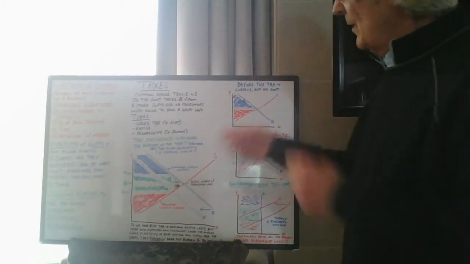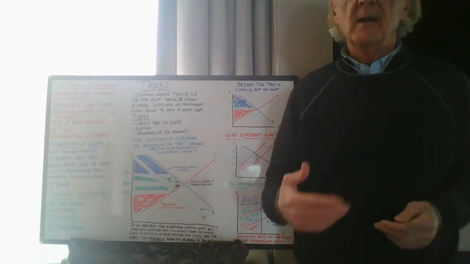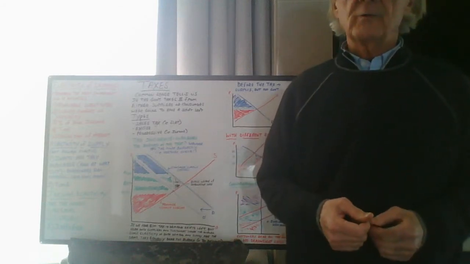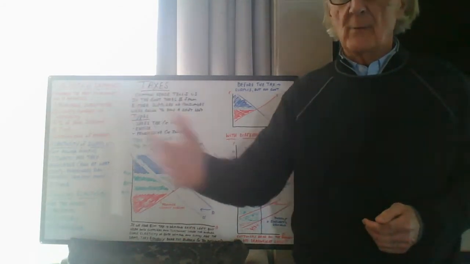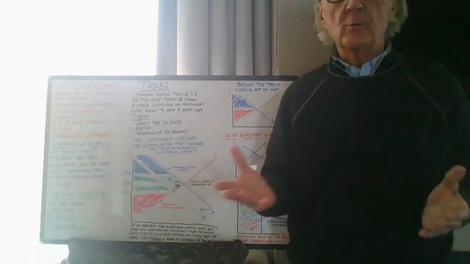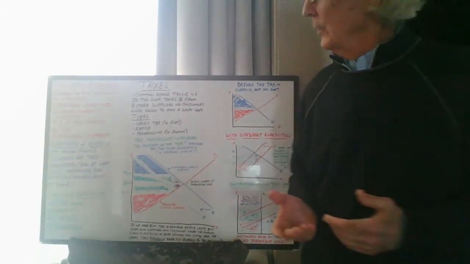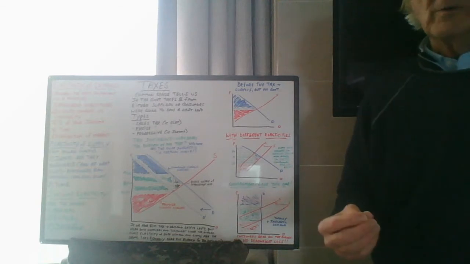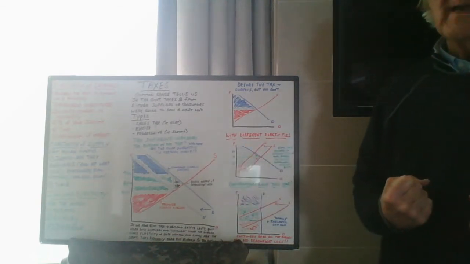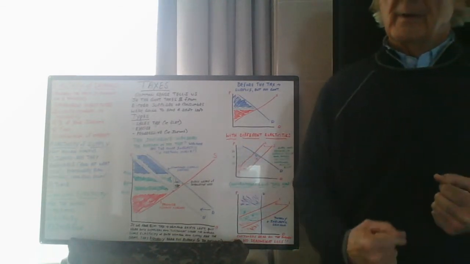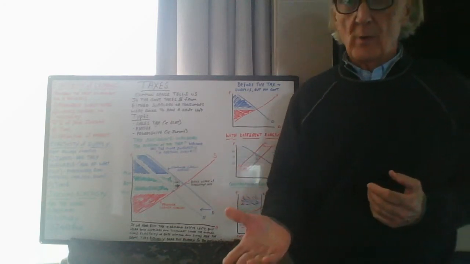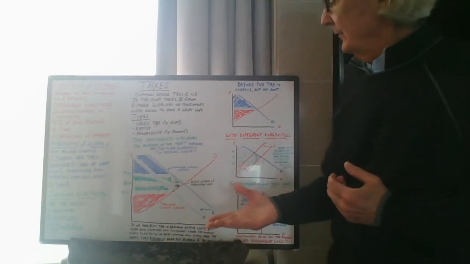Now, progressive tax, obviously, is the one that we'll talk about a little bit more down the line. It grows as your income grows, okay? But anyway, in general, taxes do take money from the demanders and or the suppliers, okay?